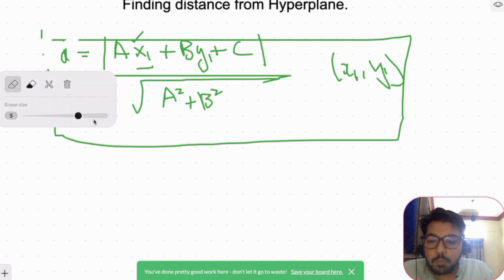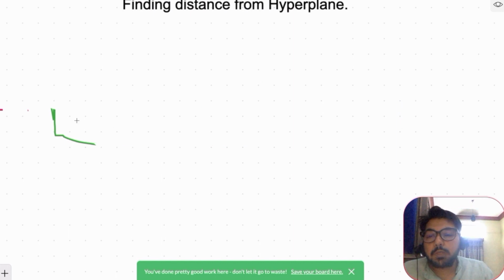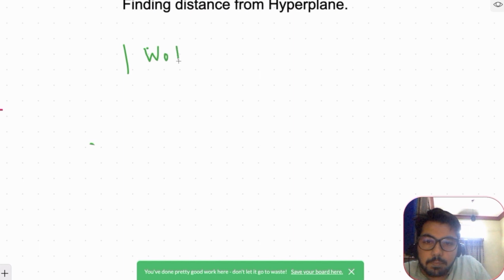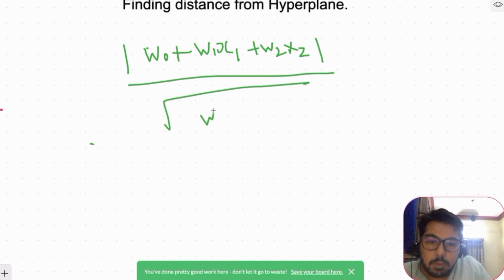So when we put it into our equation, it would come out to be w0 plus w1 x1 plus w2 x2, divided by the root of w1 square plus w2 square.